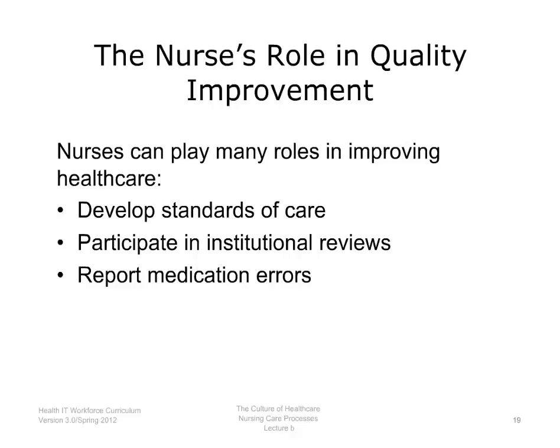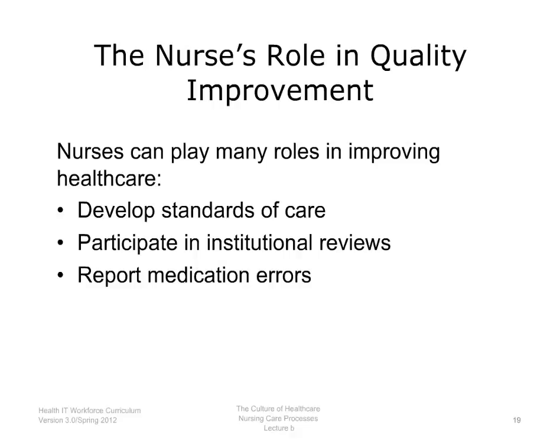Because most nurses interact often with patients, they can help improve the quality of health care. Nurses can develop standards of care for institutions or help measure the quality of care that patients receive. For example, nurses might help an institution review patient charts, interview patients about their care, and observe interactions between healthcare providers and patients to measure the quality of patient care.